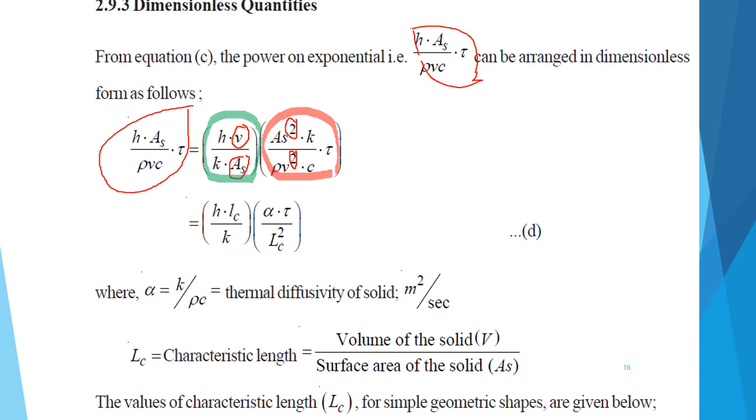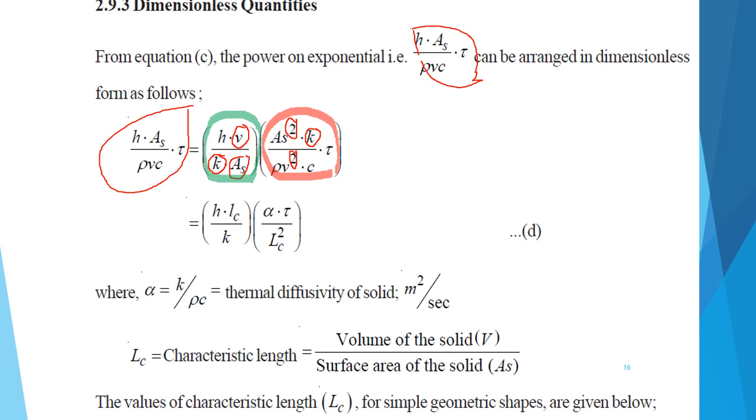Simply I did the exercise: multiplied V in the numerator and denominator, multiplied surface area in the numerator and denominator, and multiplied thermal conductivity in the numerator and denominator. Simply this exercise has been done.